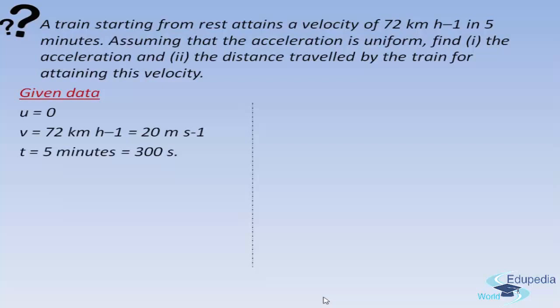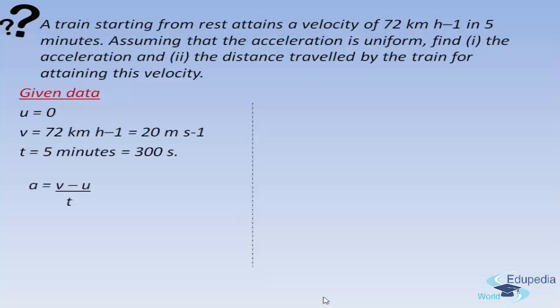Now we are going to convert kilometers per hour into meters per second, because all our units will be in meters per second. So when we convert, we get 20 meters per second, and the time is 5 minutes. Again, it is given in minutes and we need to convert it to seconds. So 5 into 60 becomes 300 seconds.